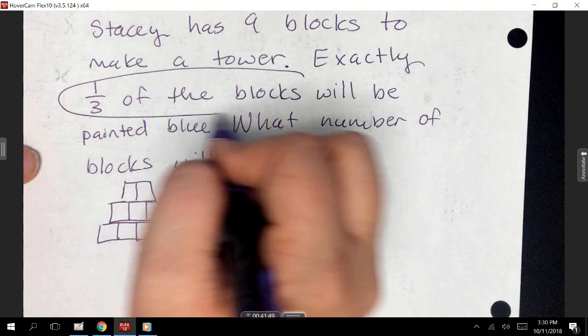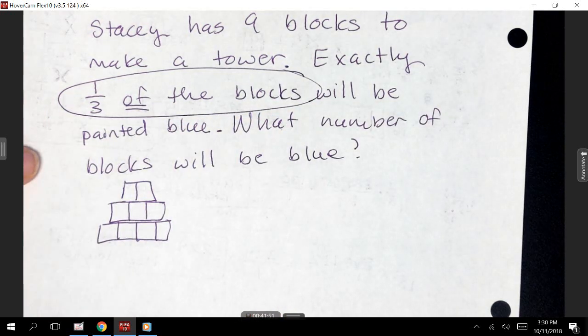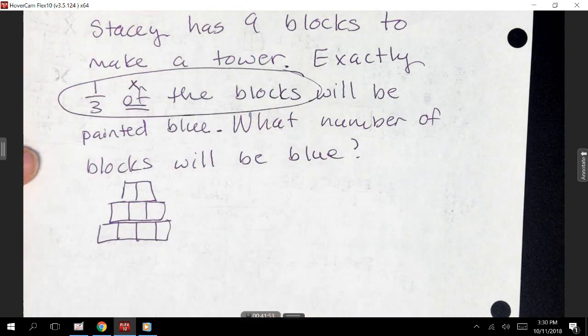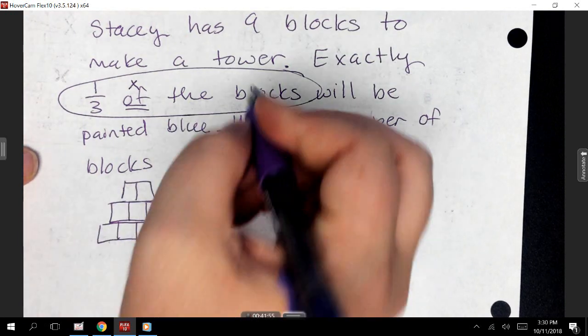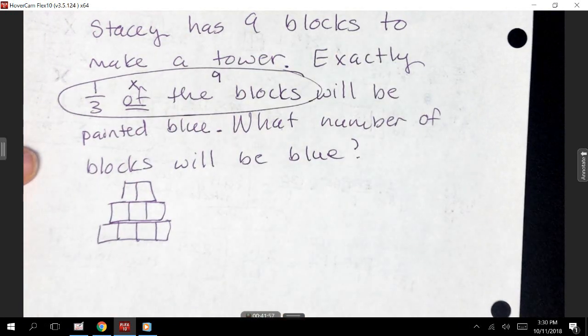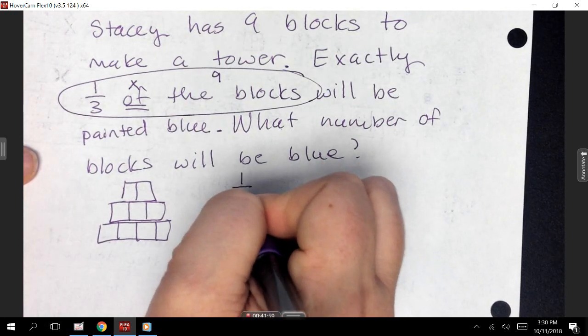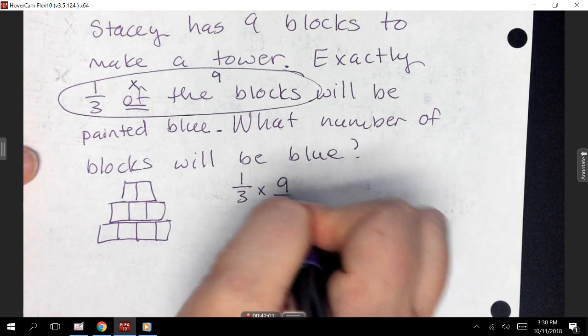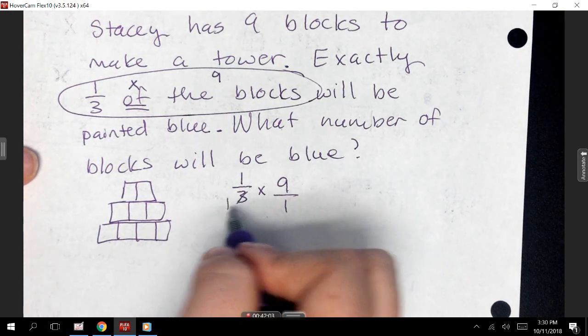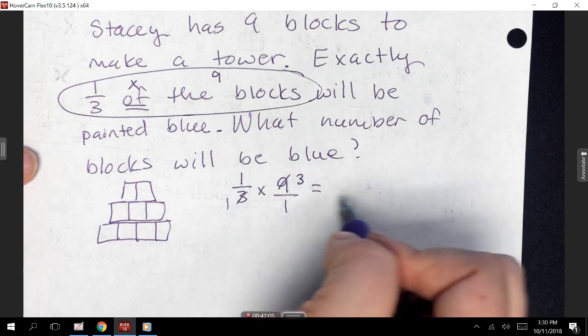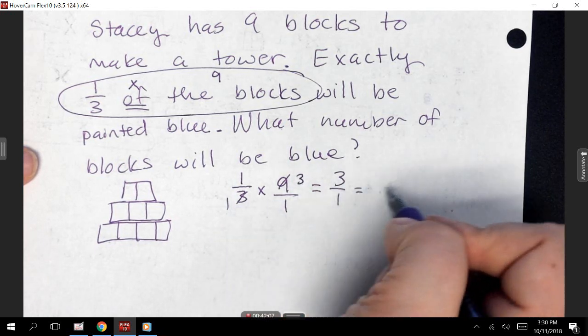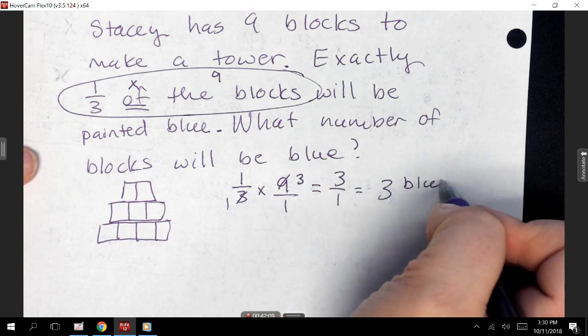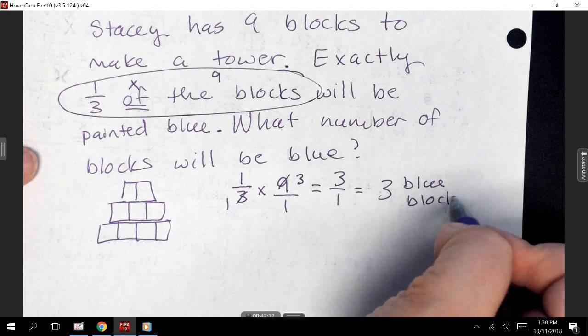Right here where it says 1/3 of the blocks, we've talked about that. Of means to multiply. The blocks, there are 9. So we're going to do 1/3 times 9 over 1. 3 goes into 3 once. 3 goes into 9 3 times. I get 3 over 1. So I end up with 3 blue blocks.